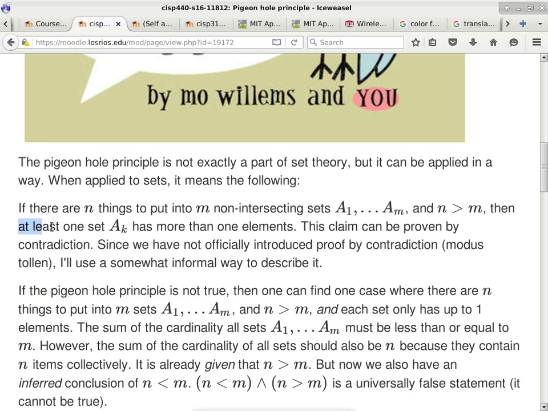The negation of more than one item is less than or equal to one, or up to one item.